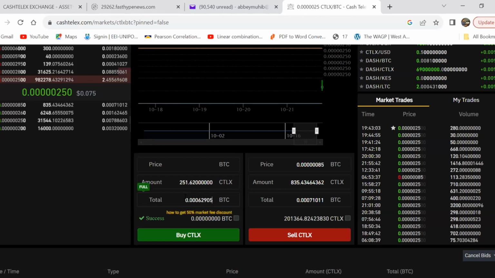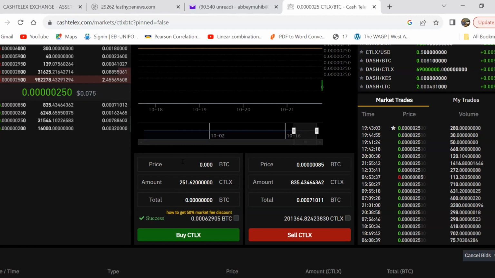Now I'm not going to buy at the same rate which we have on the exchange. I want to go to a lower price.